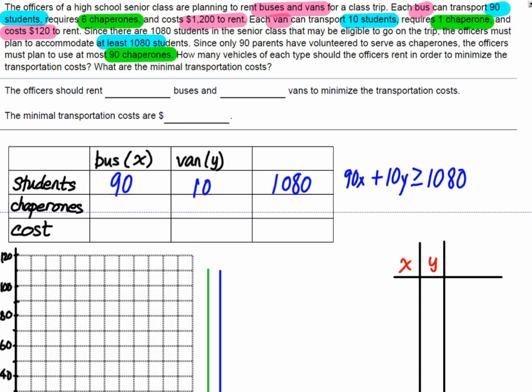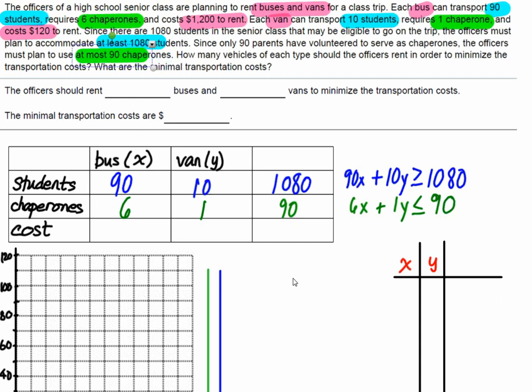We have 6. The vans, we're going to have 1, and then we're looking at 90. So we would have 6x plus 1y, this time less than or equal to 90. Okay.